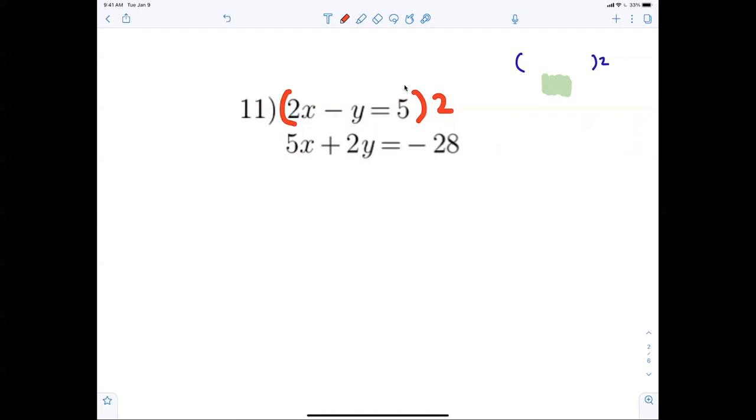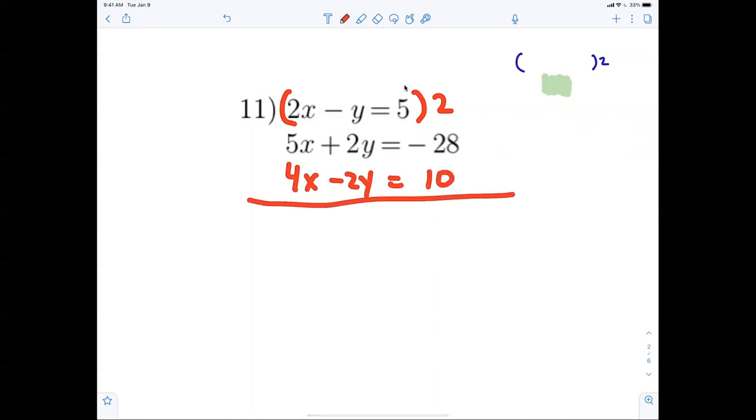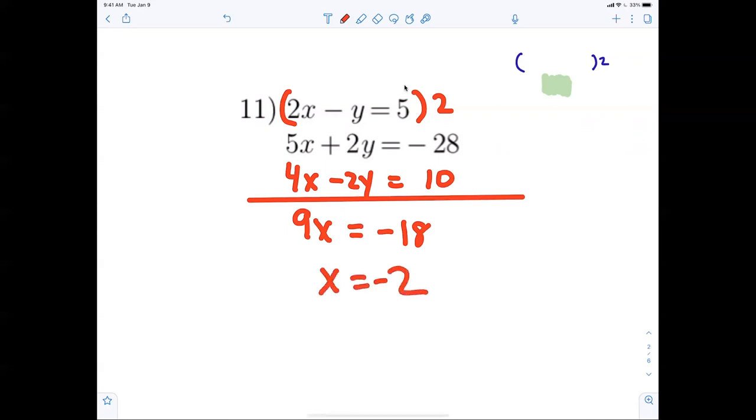So I'm going to multiply by 2 and I get what? And then what? Minus, plus, your x equals negative 18. There you have it. x equals negative 2. Exactly.